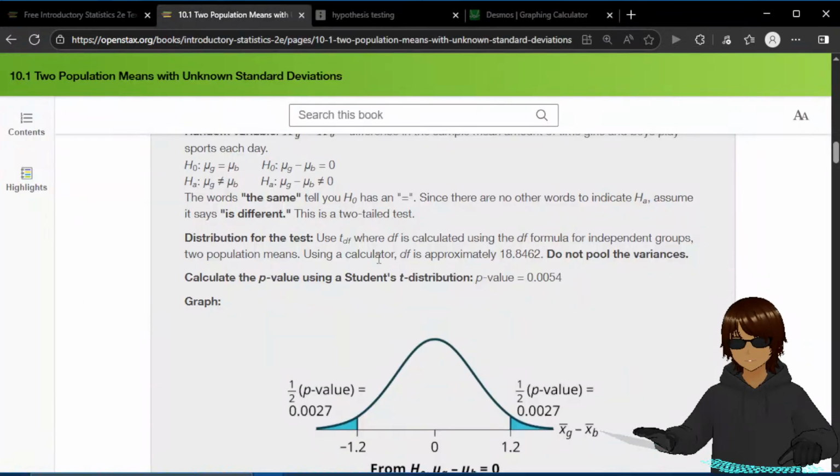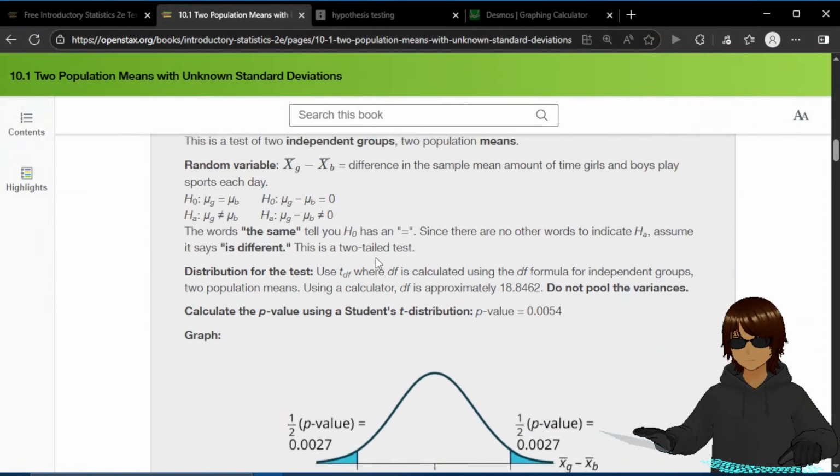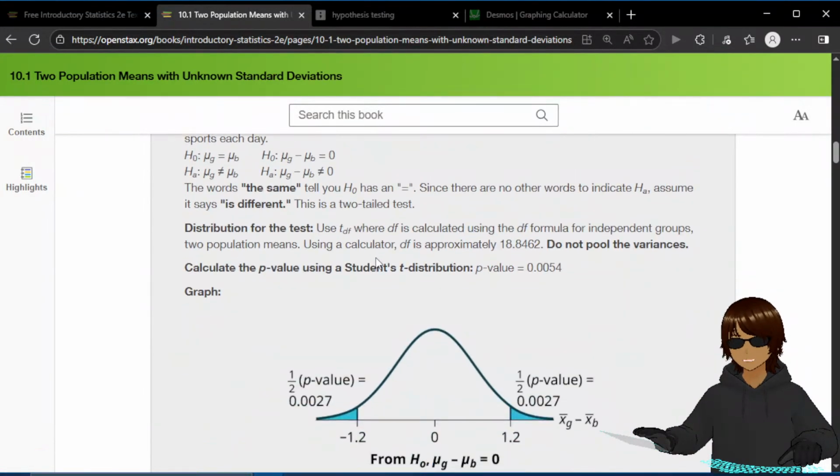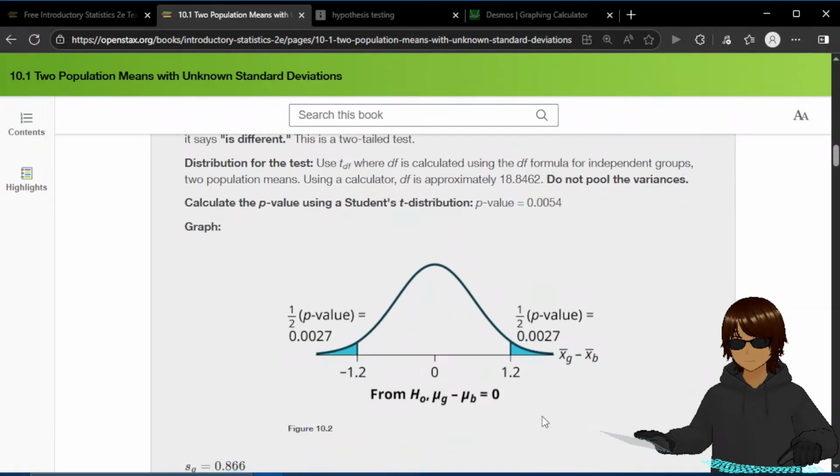I don't understand. 1.2 is the difference in the mean.